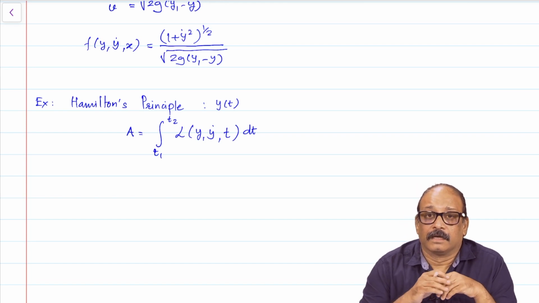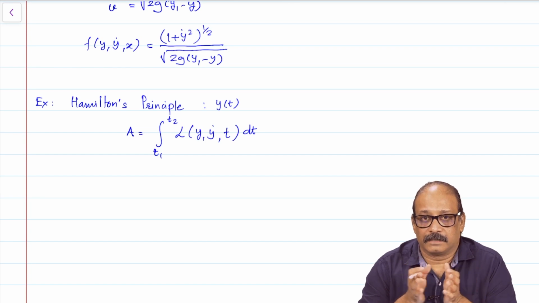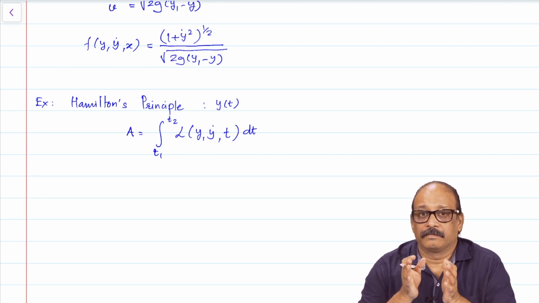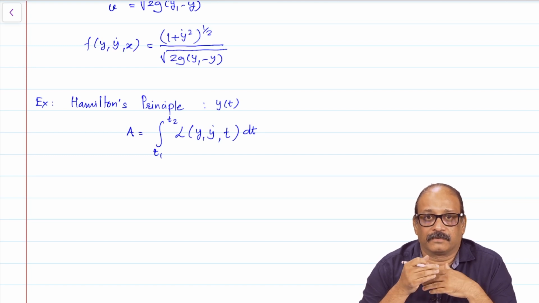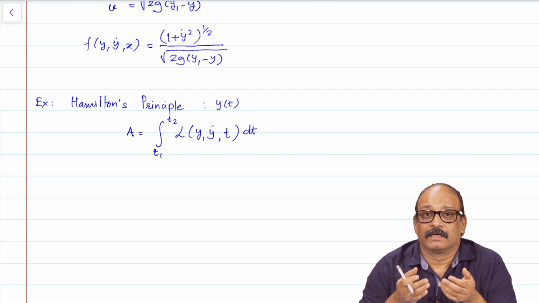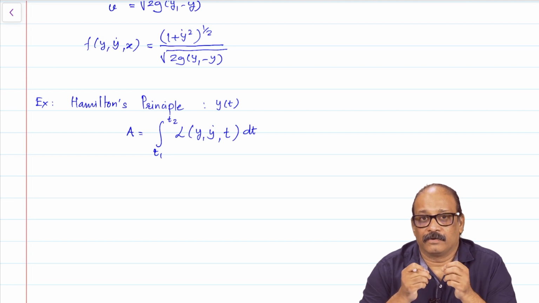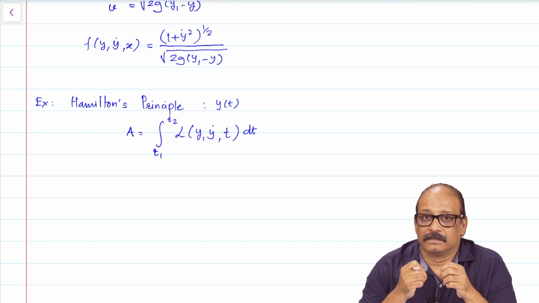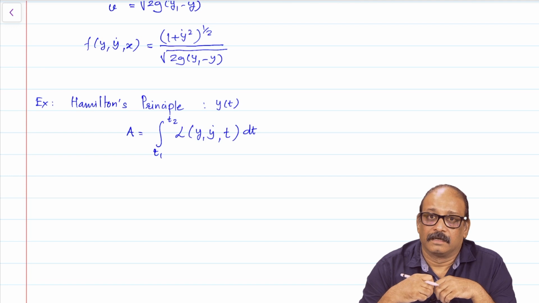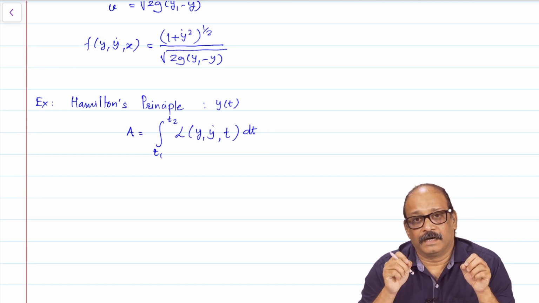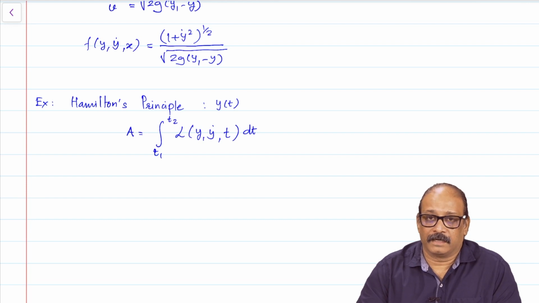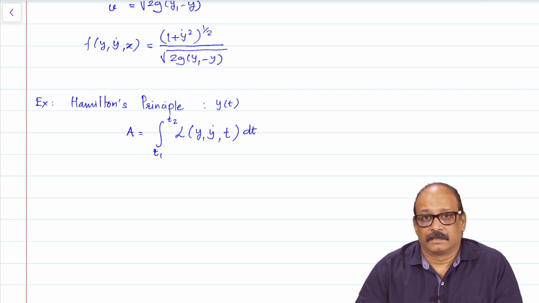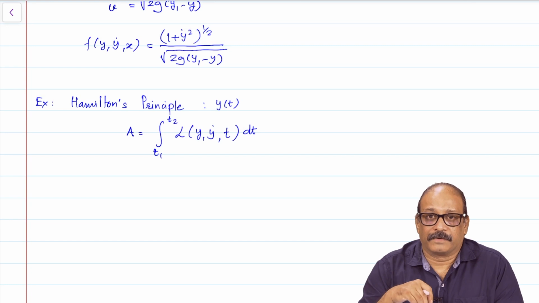So, here this is how a functional is assigned to paths, and in all these problems what we want to find out is how to extremize, how to minimize the functional, or fondly, as physicists always say, the action, for every kind of functional. That is the focus of our next section.